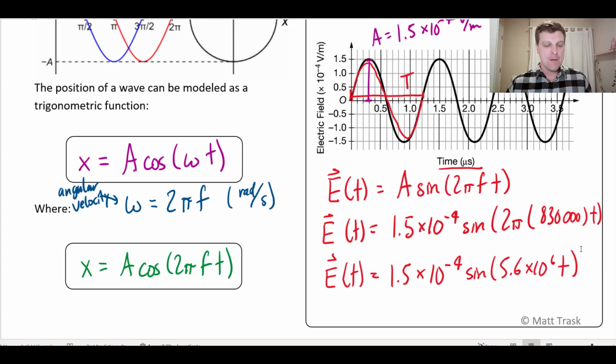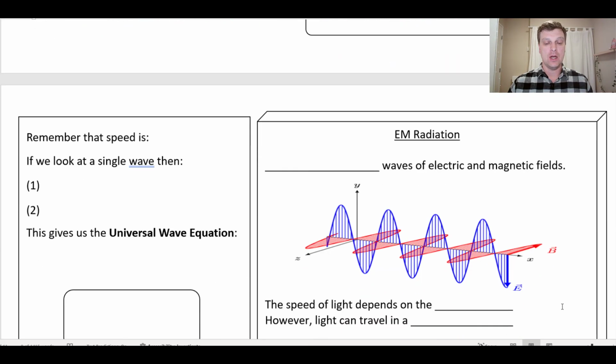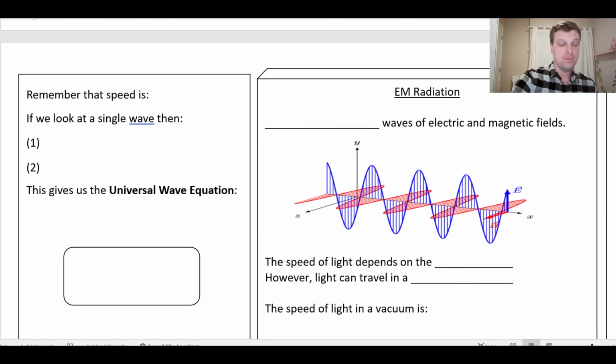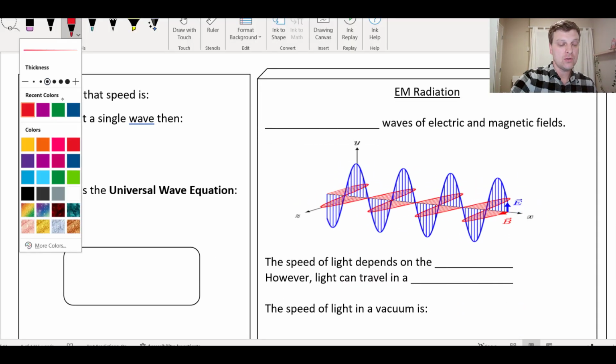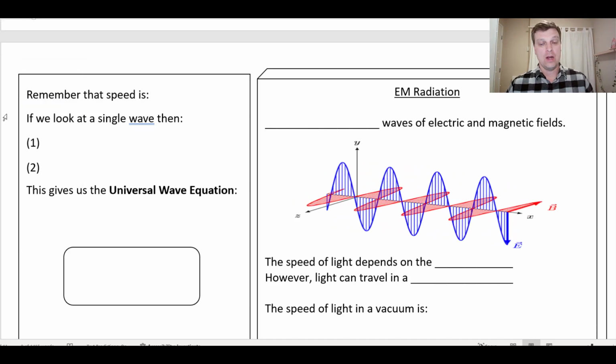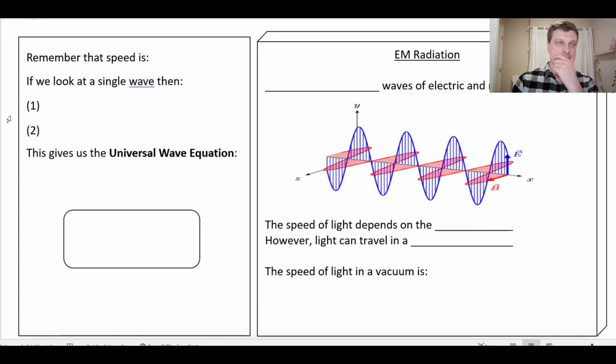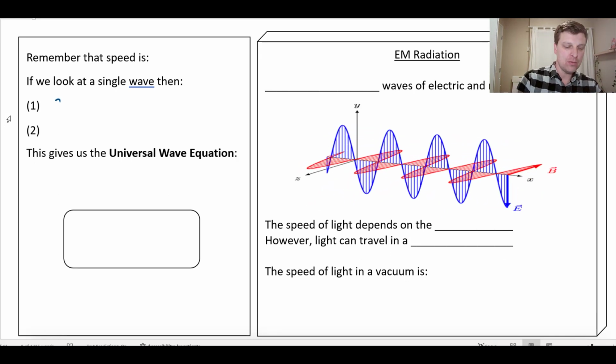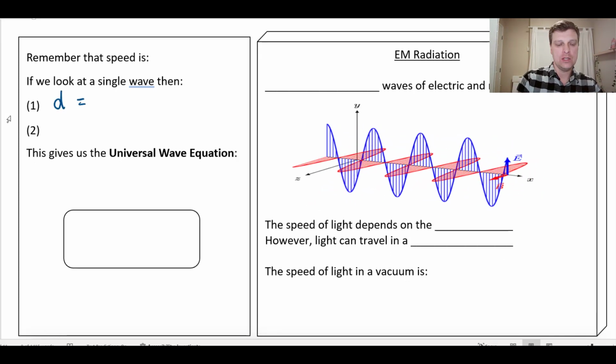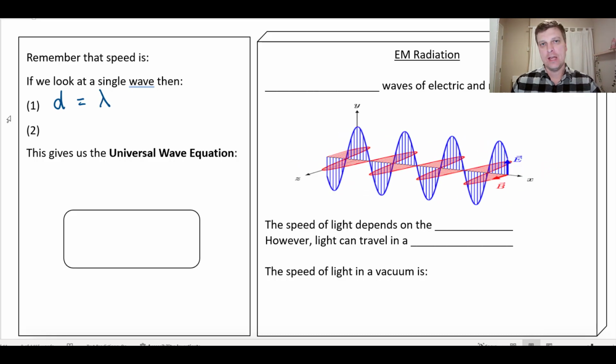Okay. All right. So let's talk about wave speed. Waves travel at a certain speed, whatever kind of wave it is, and if we look at a single wave, then the distance traveled by the single wave is really just equal to the wavelength.